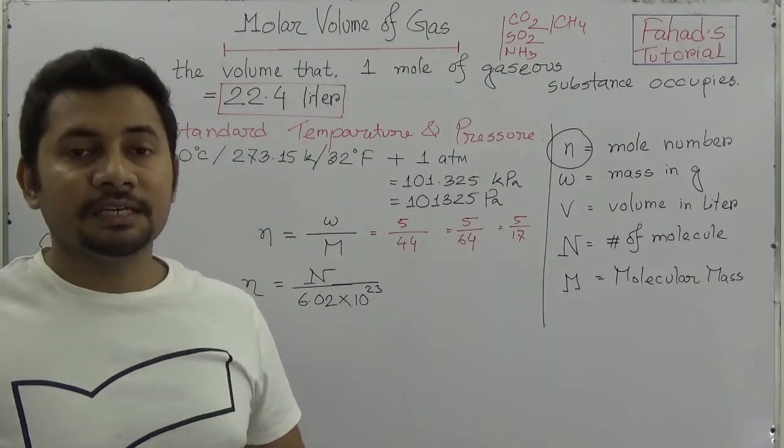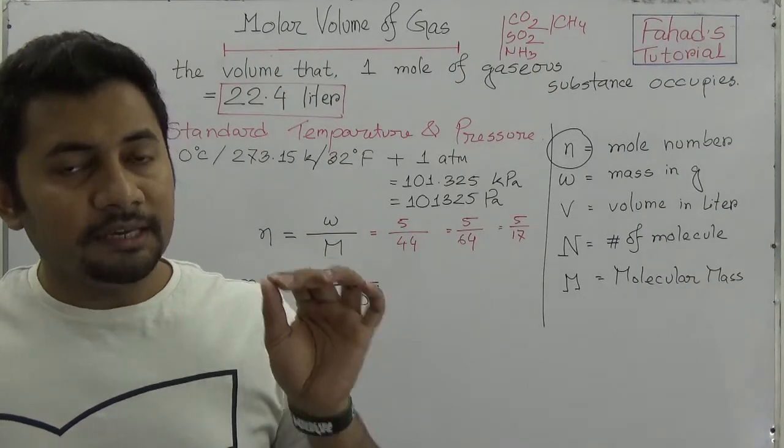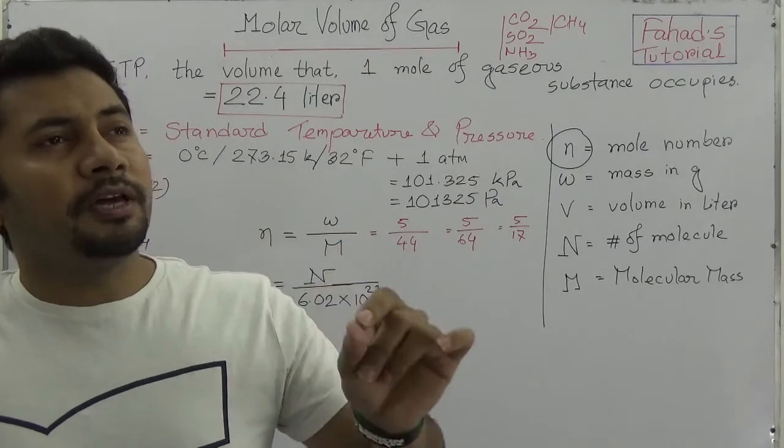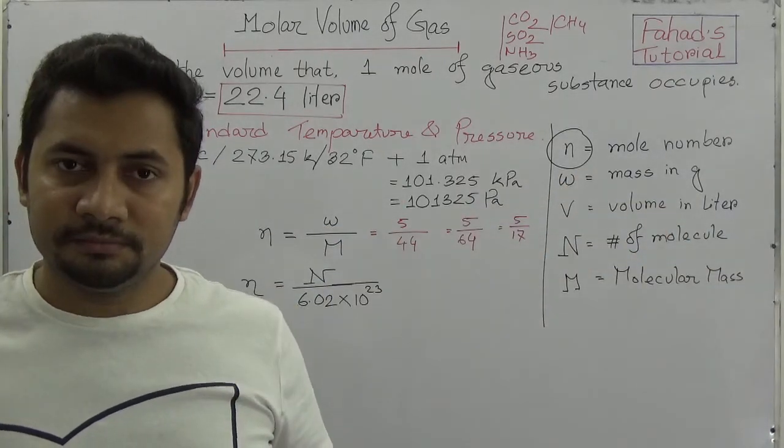Suppose the question is, what is the mole of carbon dioxide if there are 2.62 times 10 to the power 22 molecules present.